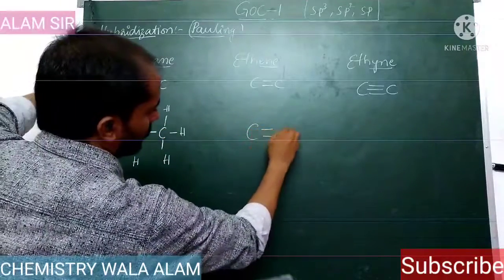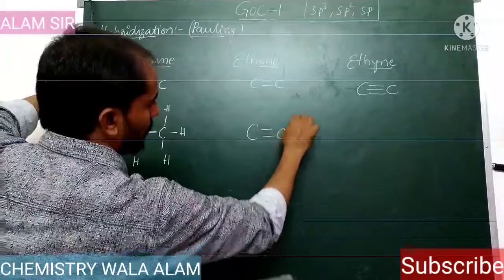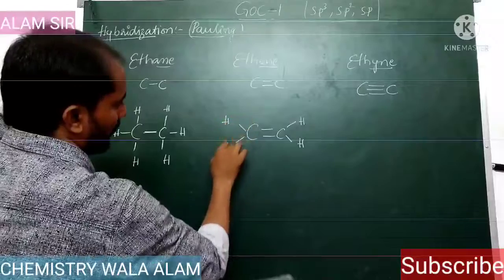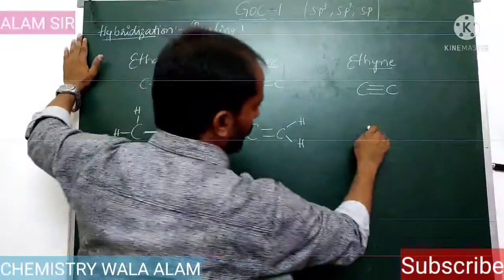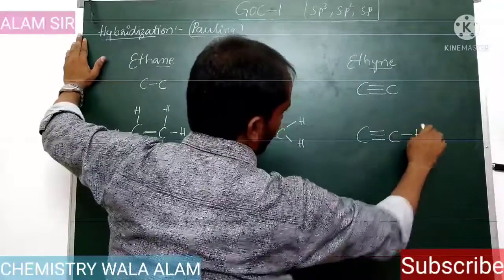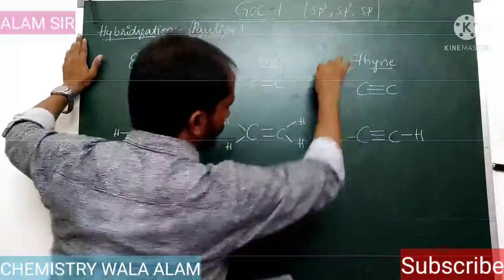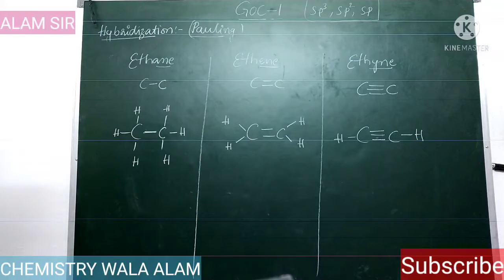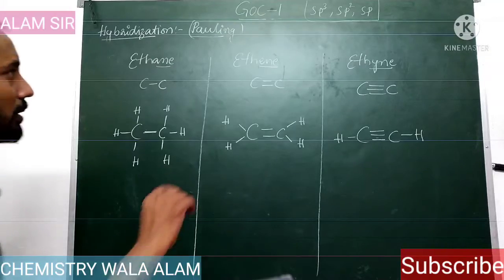A double bond means two bonds. Like this we can draw the structure of ethene and ethyne, where a carbon-carbon triple bond means three bonds. Here the hybridization can be found based on the formula.